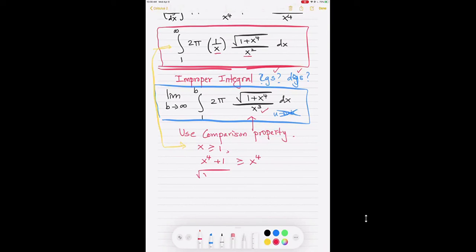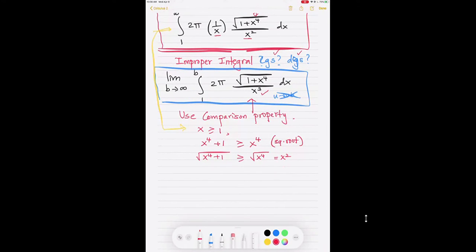So square root of x to the 4 plus 1 is definitely greater than or equal to square root of x to the 4, which is x squared. So what did I do here? Take the square root of both sides. Why? Because that is what this guy looks like, and I'm talking about this one. So I'm going to multiply both sides by 1 over x cubed.